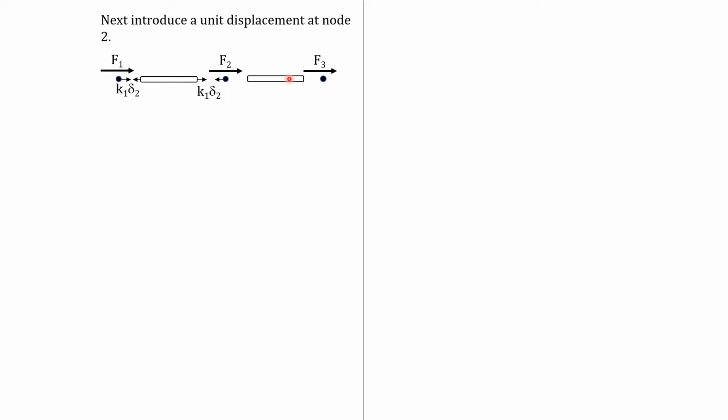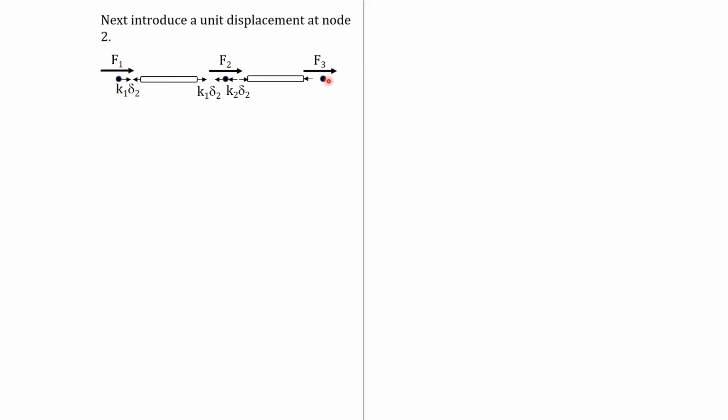In equilibrium of member 2, or element 2, we have K2 delta 2 here, which is to the left. So that's K2 delta 2, K2 delta 2, and we also have K2 delta 2 at this end here.